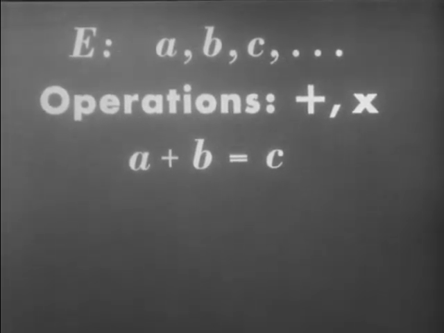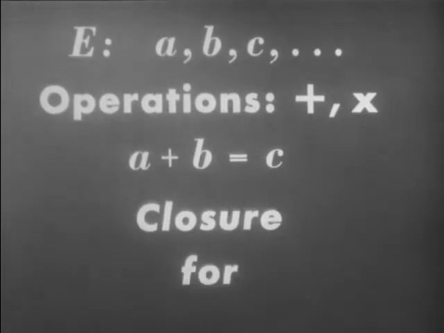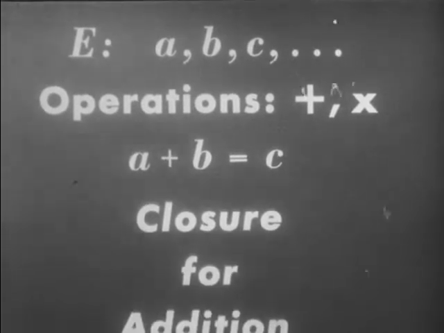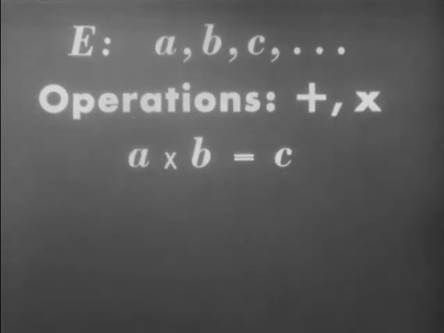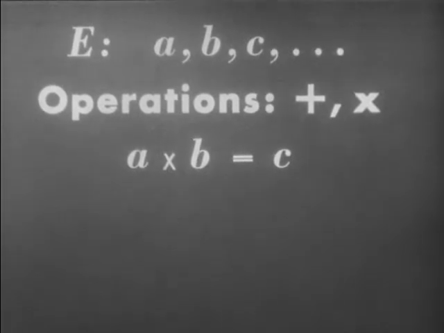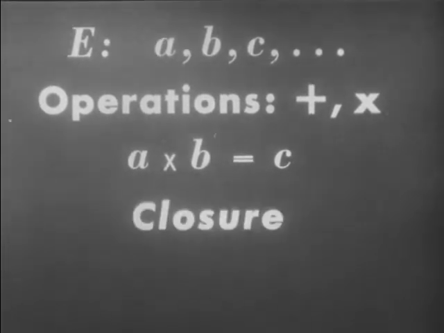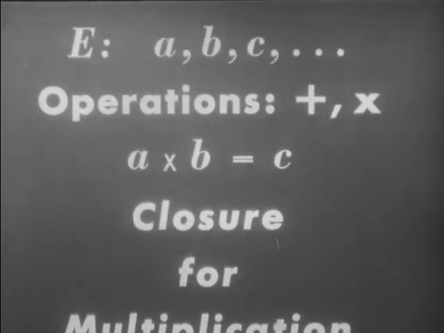We'll call this property closure for addition. Second, it must be possible to multiply any two elements and get a unique product that is itself an element of the set. We call this property closure for multiplication.